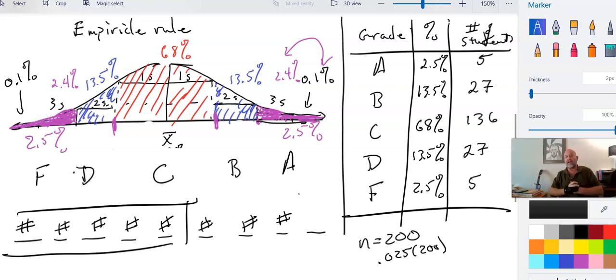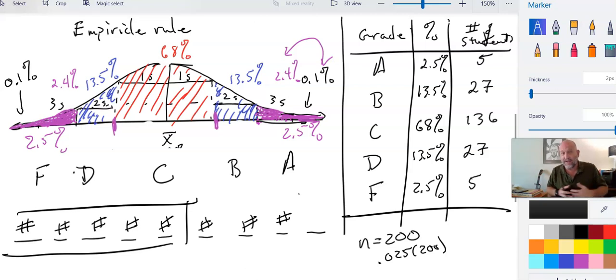The first 5 get A's no matter what. The next 27 get B's no matter what. The next 136 get C's. So that's a huge chunk of the class. 136 students out of 200 get C's, 27 D's, and only 5 F's.